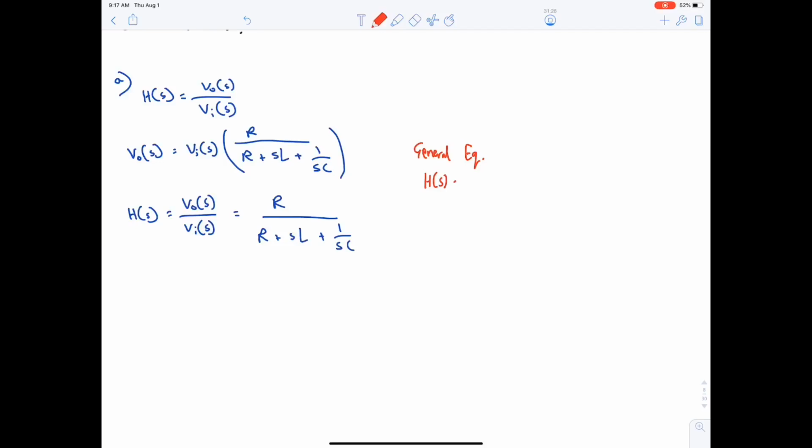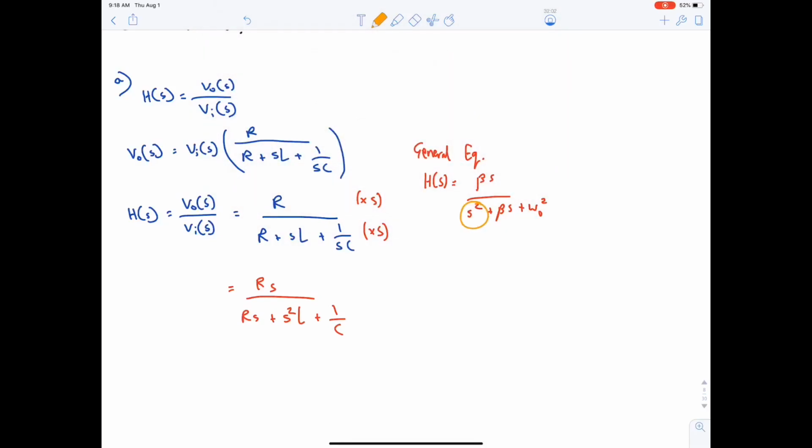Okay, next we need to make it in the general form, which is H of s equals beta s over s squared plus beta s plus omega naught squared. Here in the numerator we should have an s, but we do not have an s, so let's multiply it by s. So it will become Rs over Rs plus s squared L plus 1 over C. Now what's the coefficient of s squared?